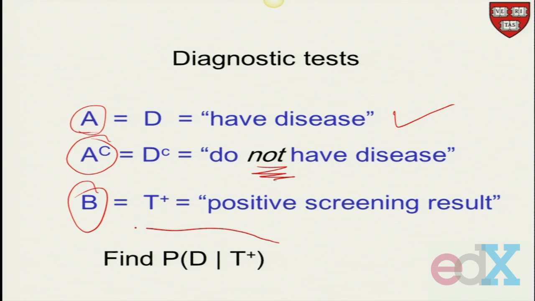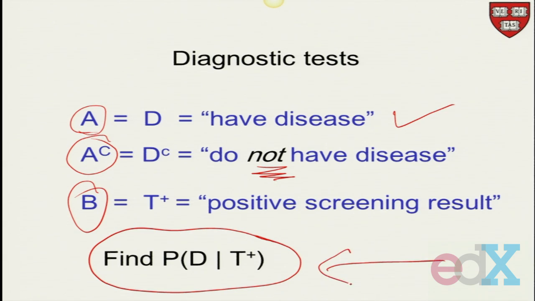The event B is having gone to the test, having had a test done, and the test turns out to be positive. So now we want to know the probability of the disease given that the person has tested positive for the disease.